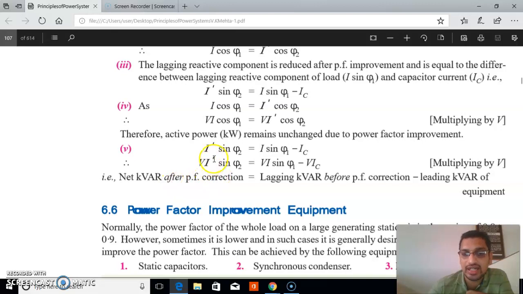V I sin phi 1 is the reactive component, that is kVAR, before the power factor correction, minus V IC, which is the leading kVAR of the equipment, that is the capacitor.